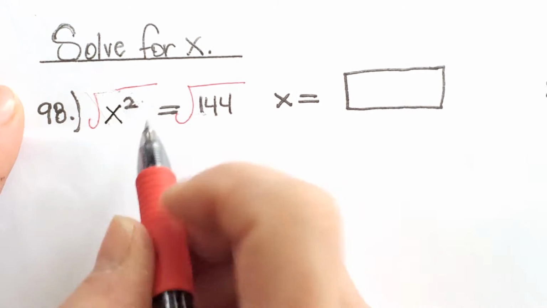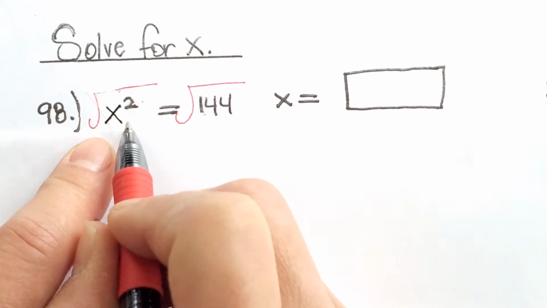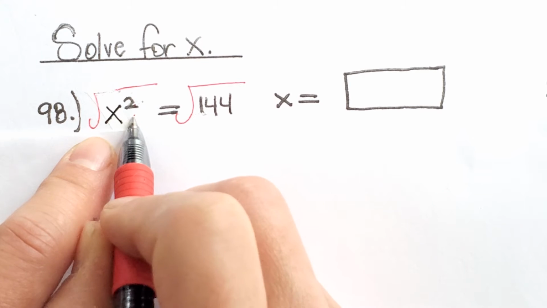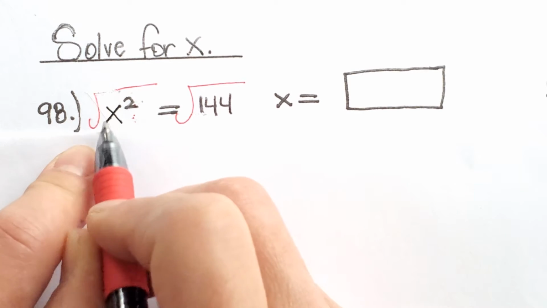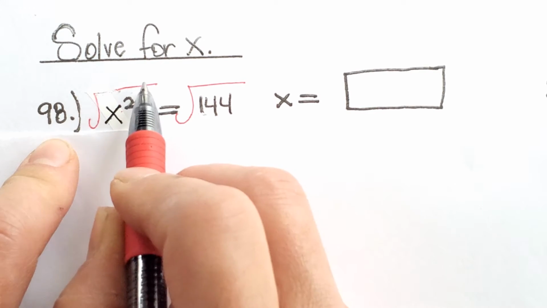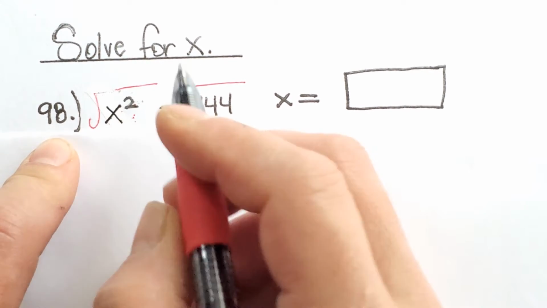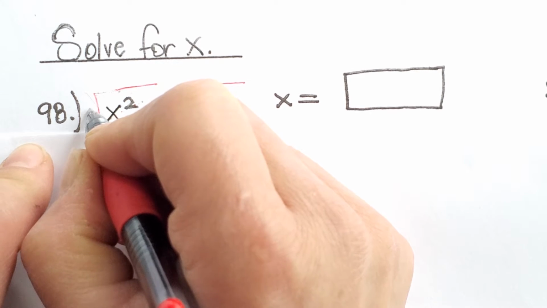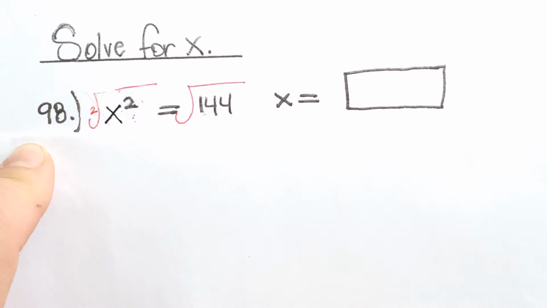And so when I do that, anytime you have a square root and an x squared like this, they cancel each other out. And you will be left with x. So again, anytime you have this x squared and you square root it, they cancel each other out. Remember this invisible index of 2 there?